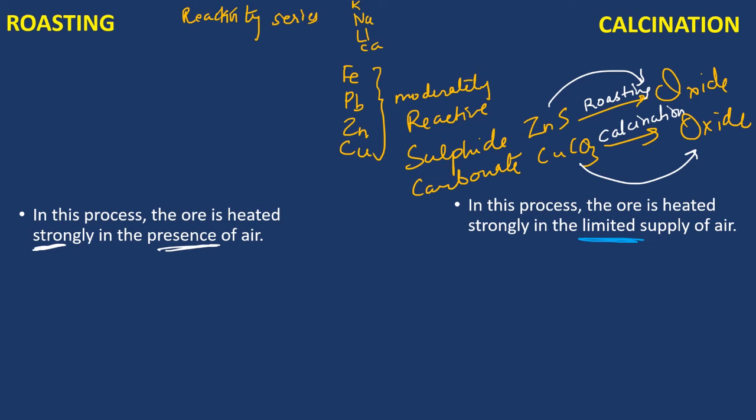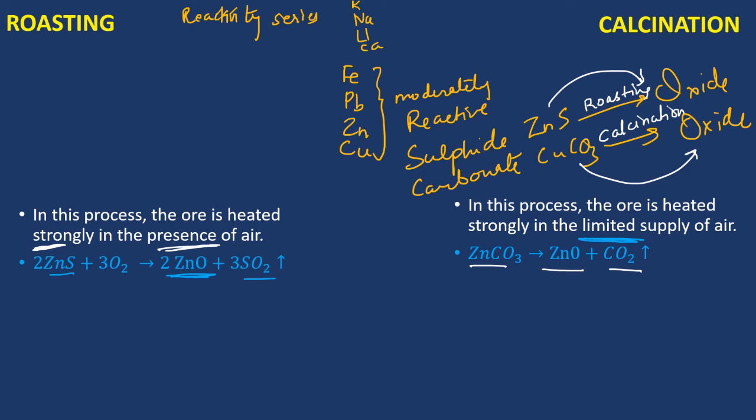The reaction for roasting is zinc sulfide plus oxygen gives zinc oxide, and sulfur dioxide is released. In case of calcination, since it is in a limited supply of air, we will not be adding oxygen; it will be heated and will give zinc oxide plus carbon dioxide.